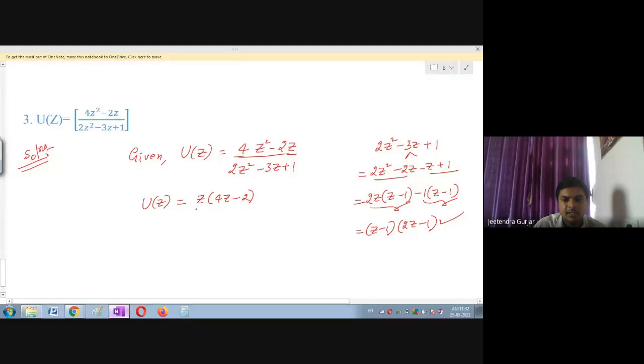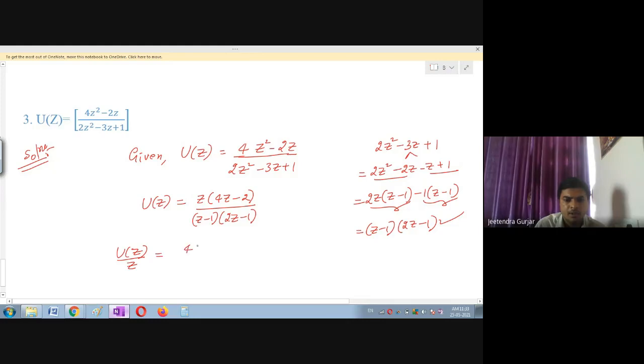So 1z I have taken outside, divided by, you please substitute this value, that is z minus 1, 2z minus 1, students, right? So now I'm going to apply the partial fraction, but please remember, whenever you apply the partial fraction, this expression must be written in terms of U(z) divided by z. Please keep this in your mind, students.